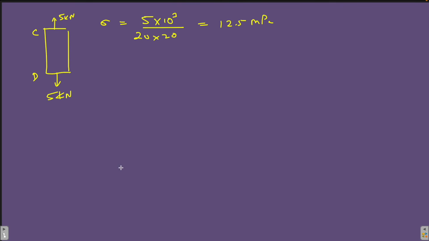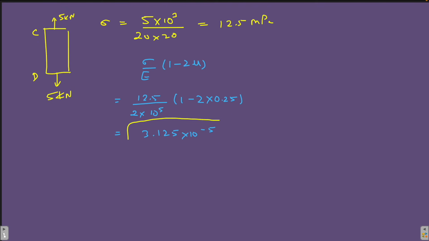Now this stress we are going to put in the formula sigma by E, 1 minus 2 mu, and that will be equal to 12.5 by 2 into 10 to the power 5, 1 minus 2 into 0.25, and that is equal to 3.125 into 10 to the power minus 5, and this is the volumetric strain for CD, right? This is volumetric strain for CD.